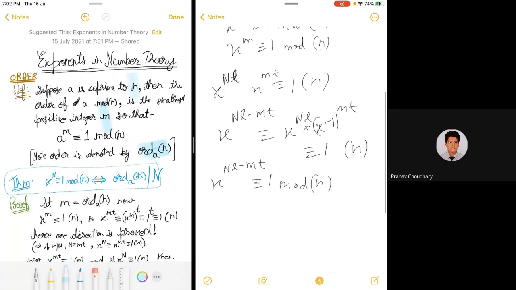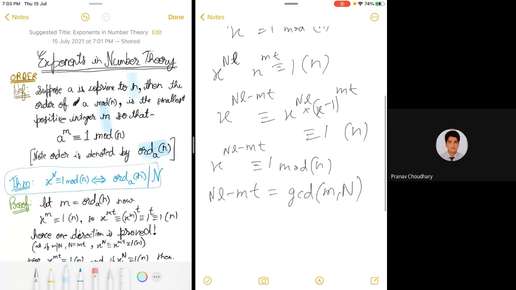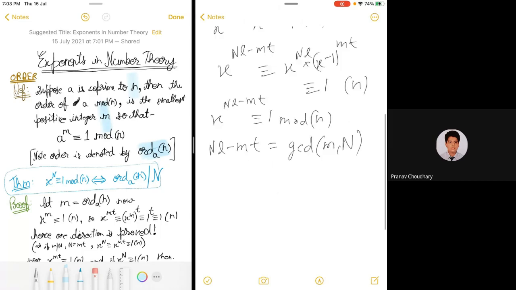So now this exponent can be made equal to the GCD of m and N. This is because by the Euclidean algorithm, we can first take N and then subtract m from it as many times as we can. So we get a smaller pair with the same GCD, and we can do this continuously.